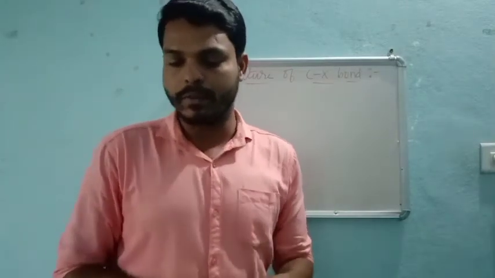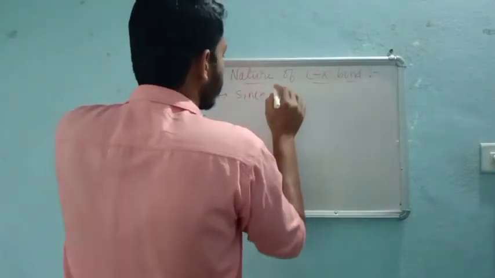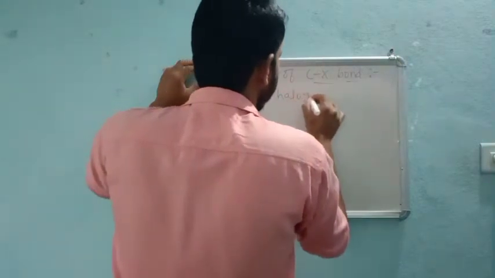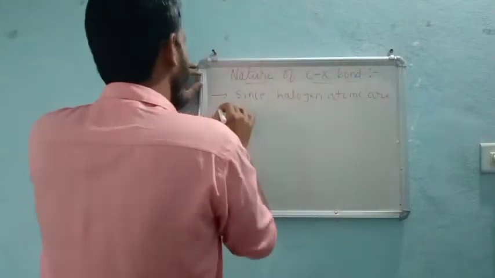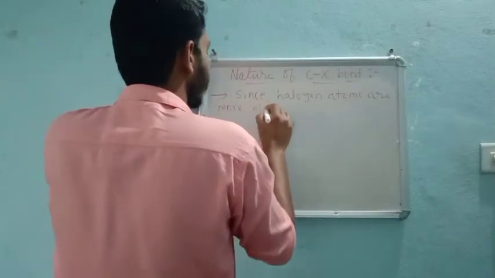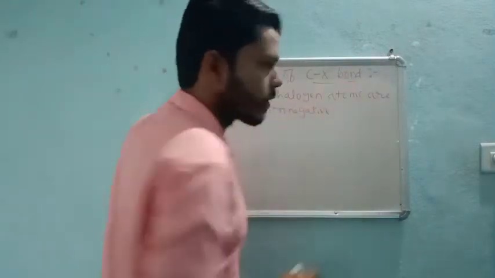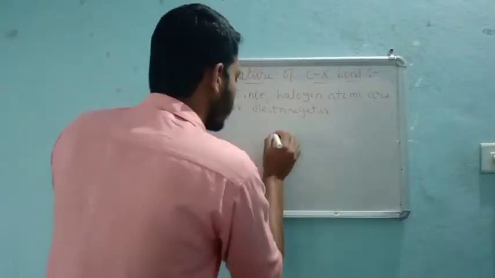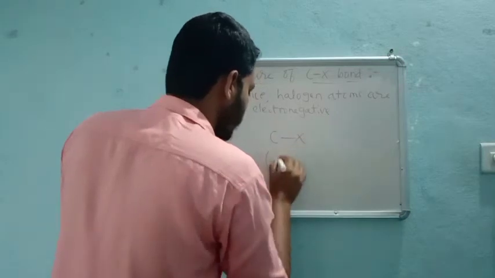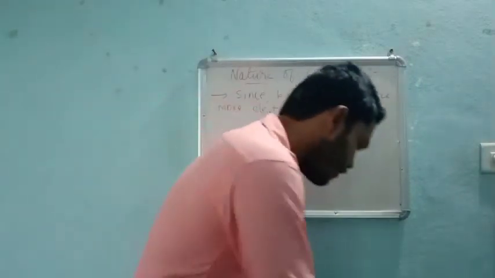Since halogen atoms are more electronegative than carbon, if we see the haloalkane, this is just an example of a haloalkane.